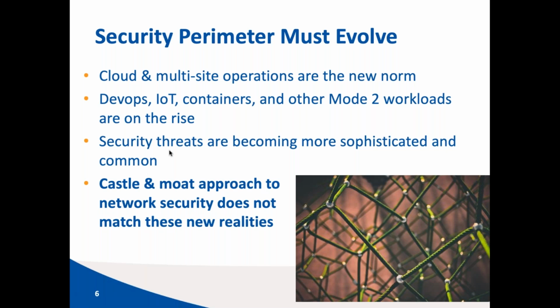It's just another factor that's causing folks to rethink this old approach. Additionally, hackers are getting ever better at exploiting customers who use this castle and moat approach. So with this new paradigm of how organizations are deploying applications and how their users are connecting to resources, it's really time to evolve our networking security methods.